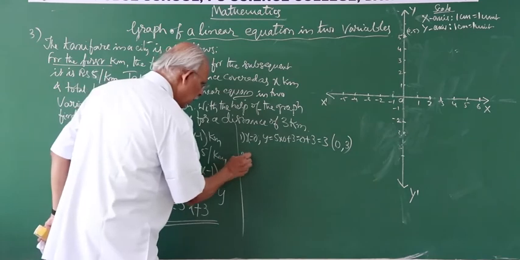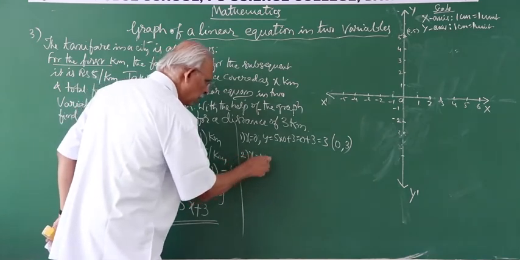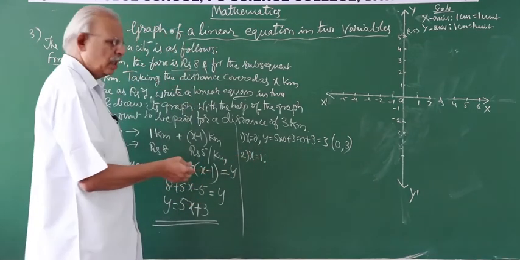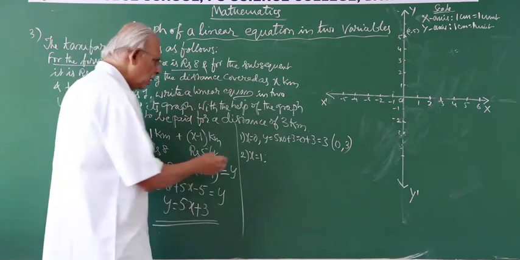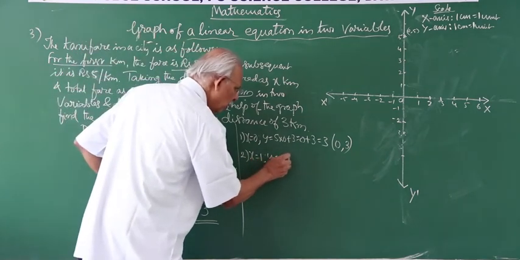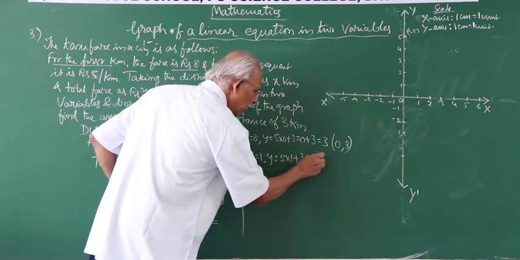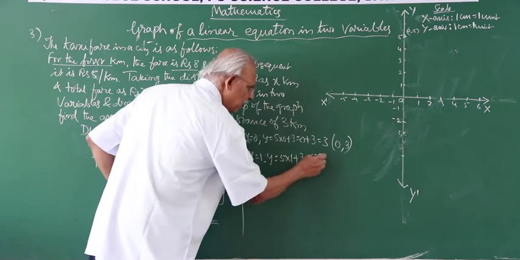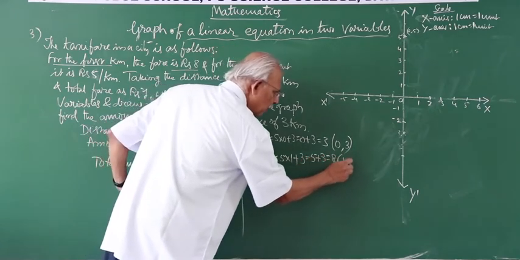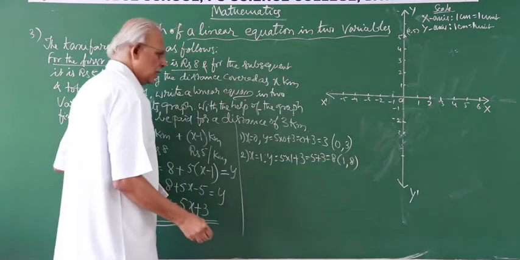Next, put x is equal to 1. Then y equals 5 into 1 plus 3, that is 5 plus 3, that is 8. So for 1 kilometer, it is 8.